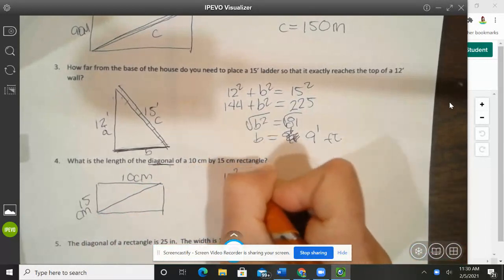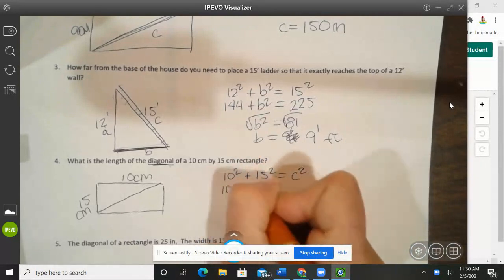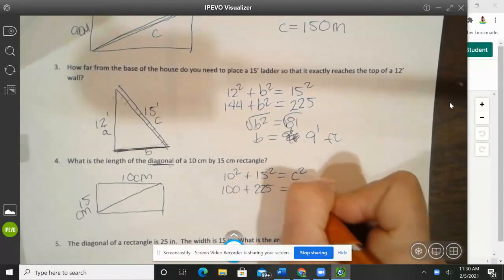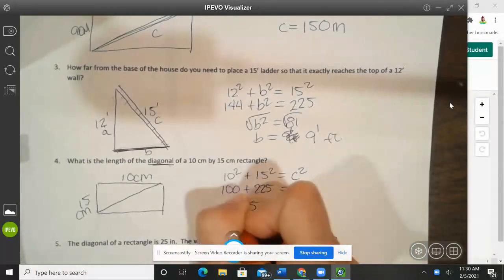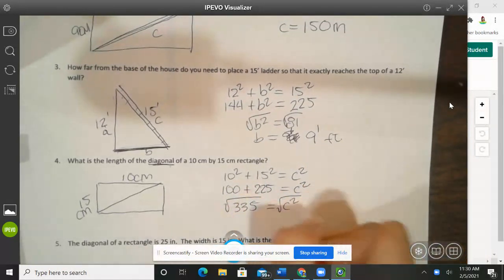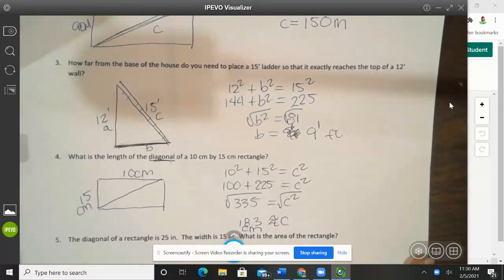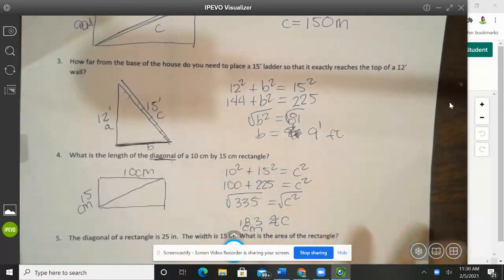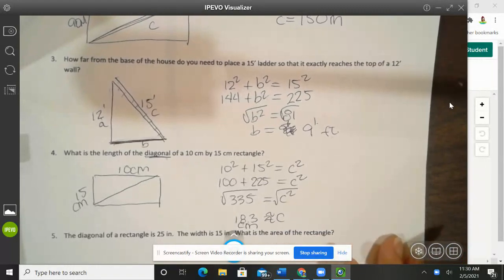So that's 10 squared plus 15 squared equals C squared, and then 100 plus 225, C squared, that's 325, and then you take the square root of 325. It's 18.3 approximately centimeters. Okay. Now remember, when you use word problems, you have to be able to write the unit, right? Because a number doesn't mean anything; it has a context, right?